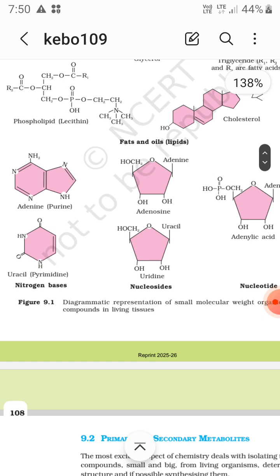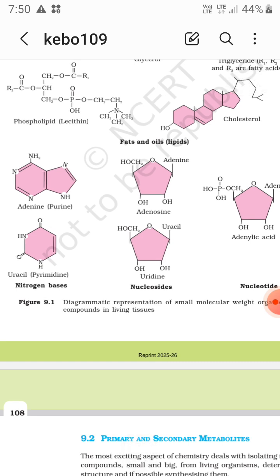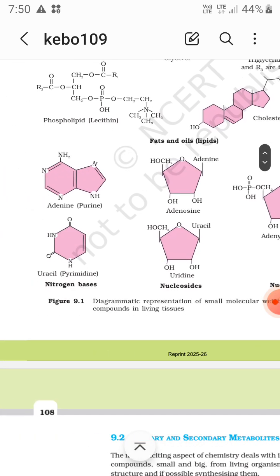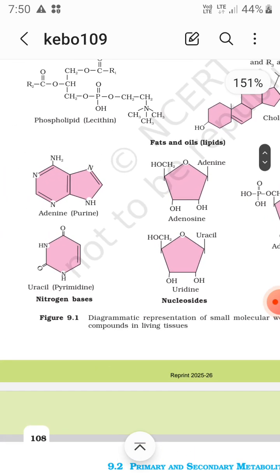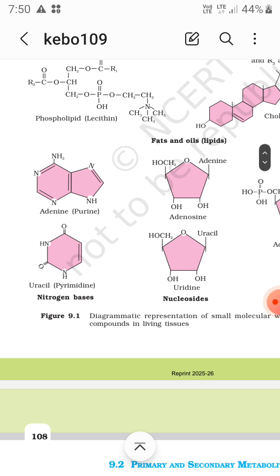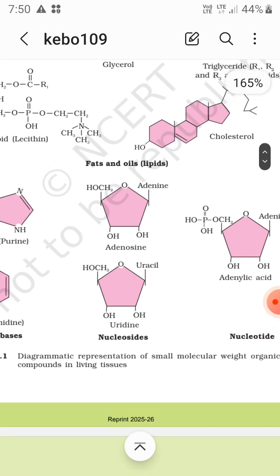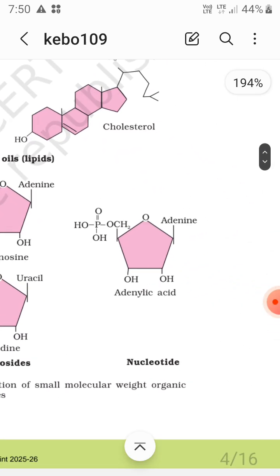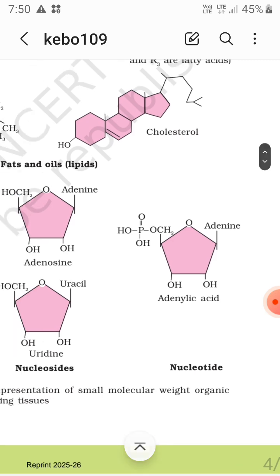Another thing is adenine, that is a purine. Then adenosine, that is a nucleoside, and then adenylic acid, that is a nucleotide. As you can see, adenine, a purine, has two rings, with nitrogen atoms. Adenine is attached to the sugar, and in adenylic acid you can see a phosphate group attached to the sugar.